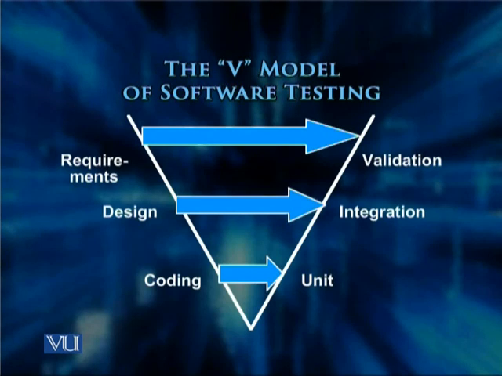This diagram also shows a very interesting thing, and that is if requirements are incorrect, they are going to have an effect on the design and coding as well as on unit testing, integration testing, and validation testing. So this diagram depicts the chain of activities that exists within a software development lifecycle.